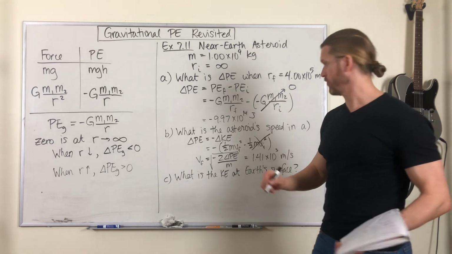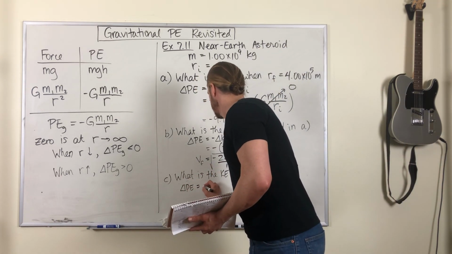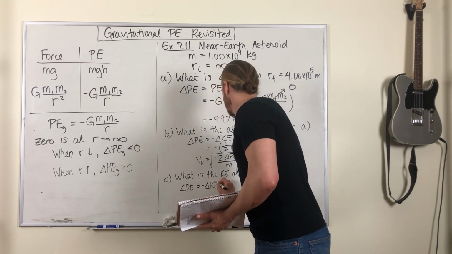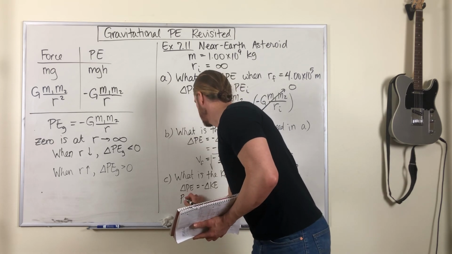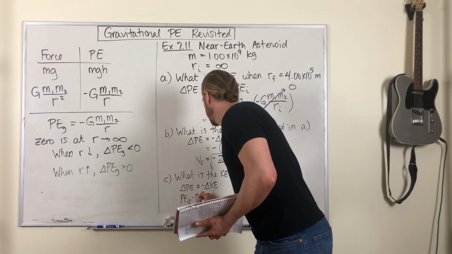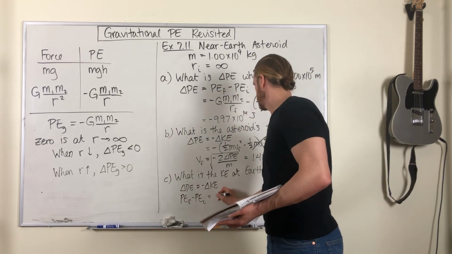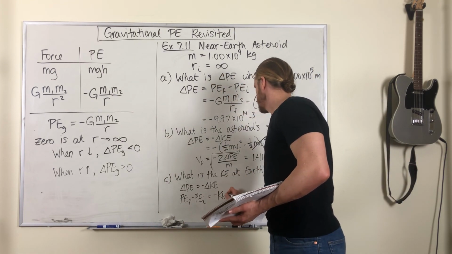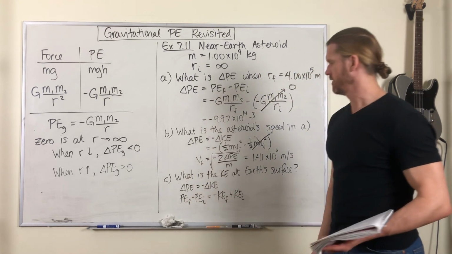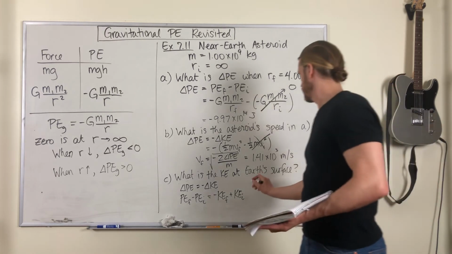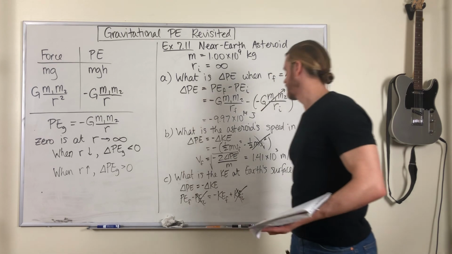We'll use our same approach. We got PE final minus PE initial equals negative KE final plus KE initial with those minus signs. That was 0. That was 0.